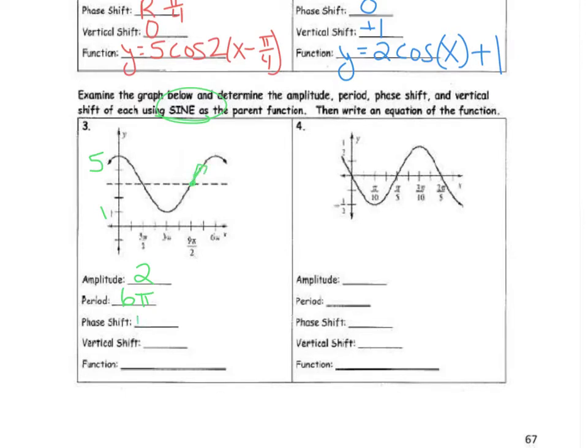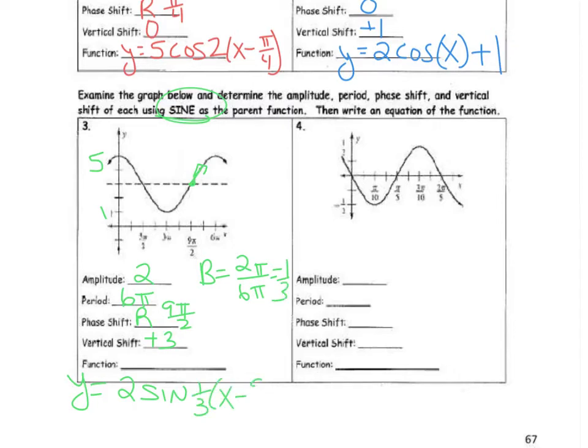So that's to the right, 9 pi over 2. The vertical shift is up 3. So our function is y equals 2 sine, I need the b value, that's 1/3. So 1/3 x minus 9 pi over 2 plus 3.